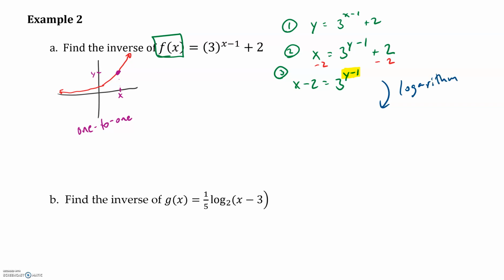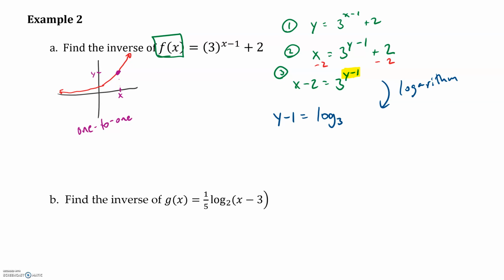I'm going to rewrite this exponential equation as a logarithmic equation. And so to do that, the exponent comes down. I get y minus 1. The base stays the same. It's still going to be base 3, but this time it's going to be log base 3.